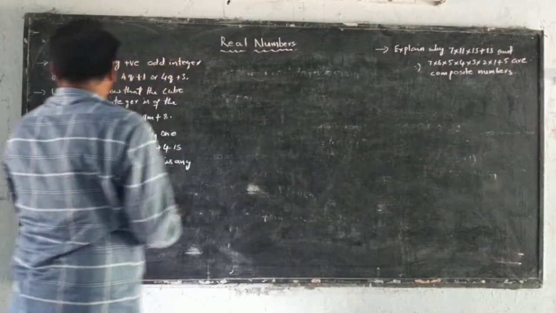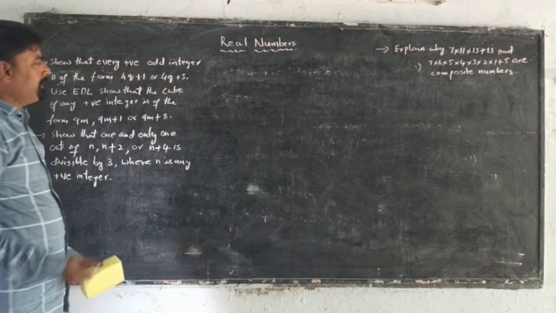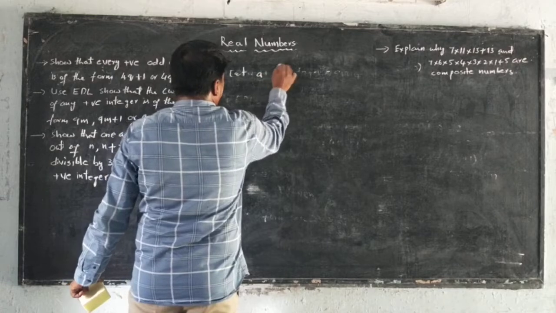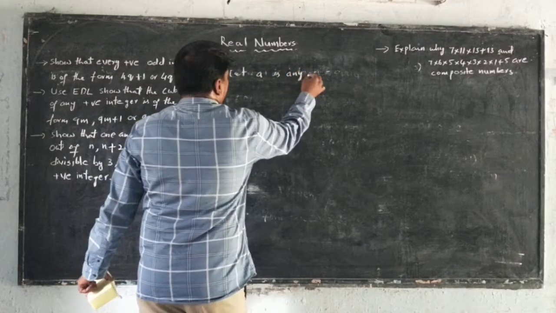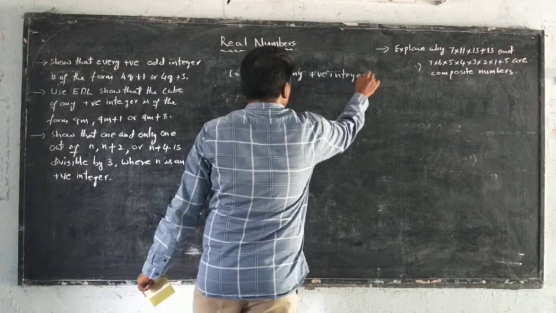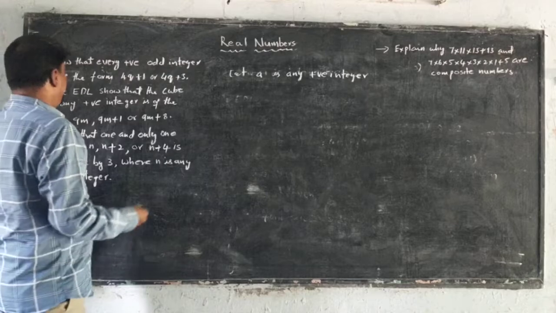Once you check, use EDL, show that the cube of any positive integer. Same as before, you start as: let a be any positive integer.